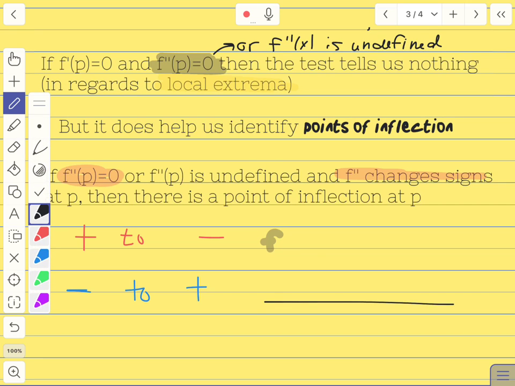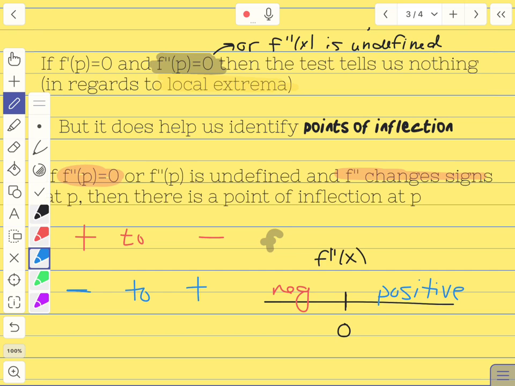In other words, if we thought about our second derivative, the little sign chart here, if we put 0 here, on this side the values were negative, and on this side the values were positive.